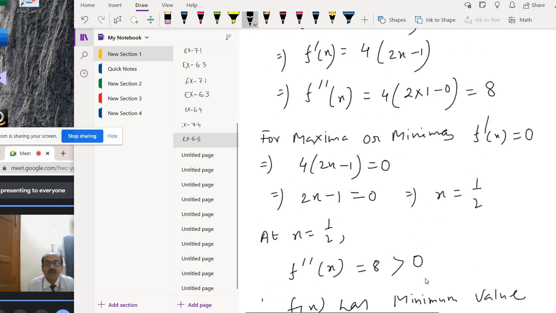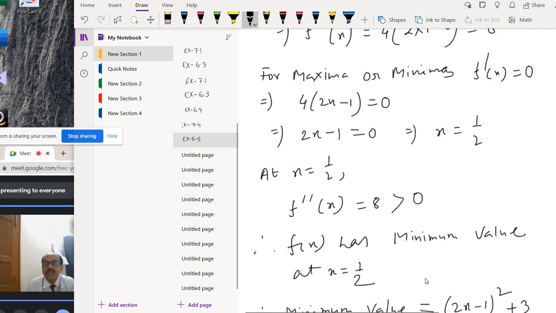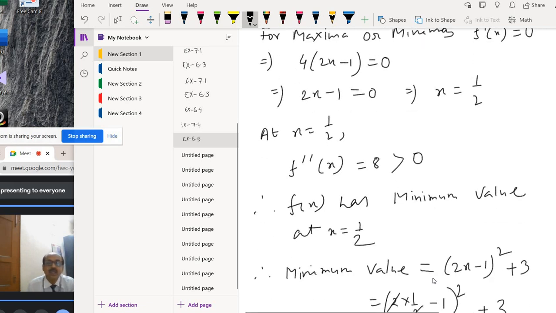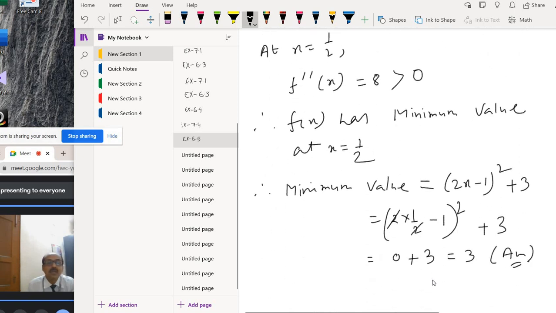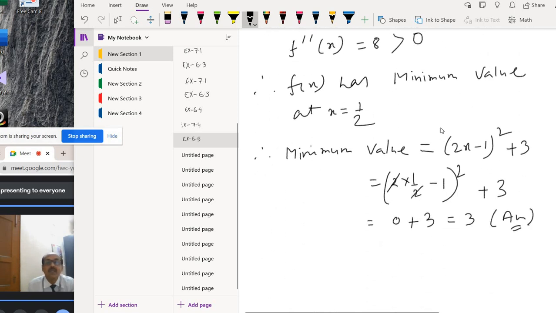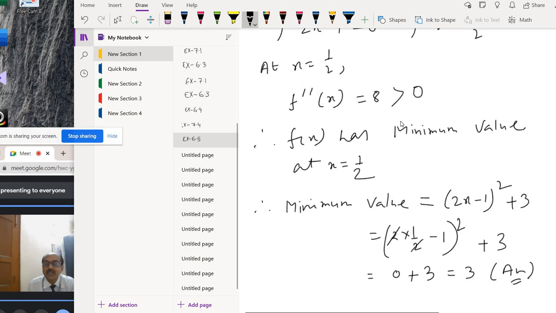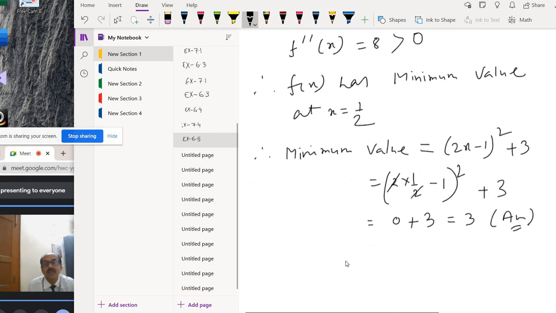Now at that point find the second order derivative value, f double dash x. Here it is 8, greater than 0, positive. So you can say f(x) has a minimum value. Now what is the minimum value? Put that point x equal to half in the given function. The minimum value we got is 3. This is the answer.